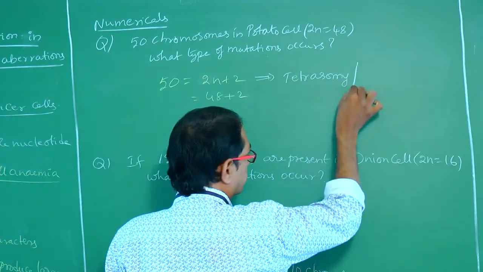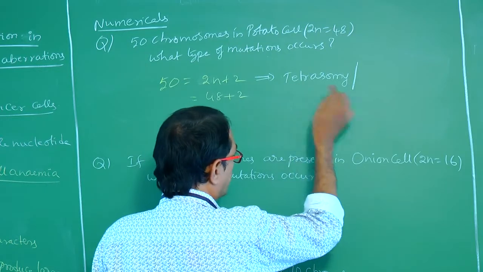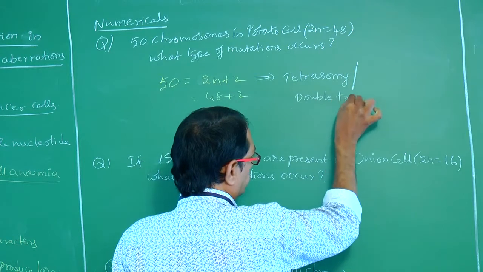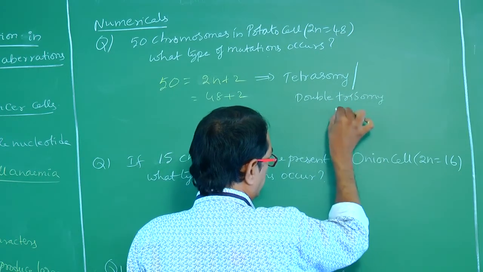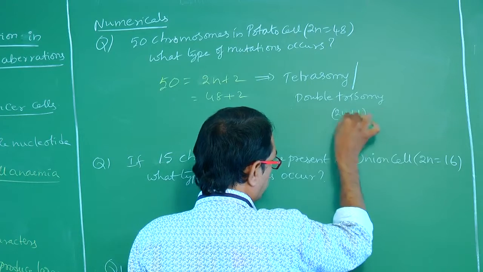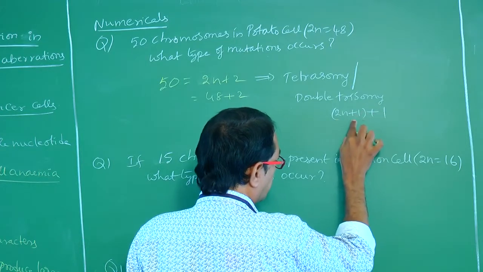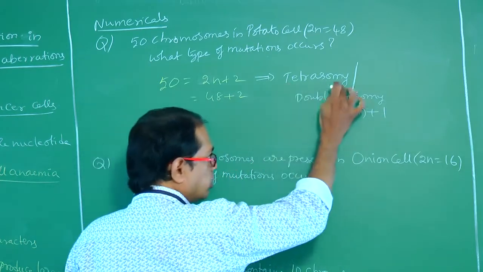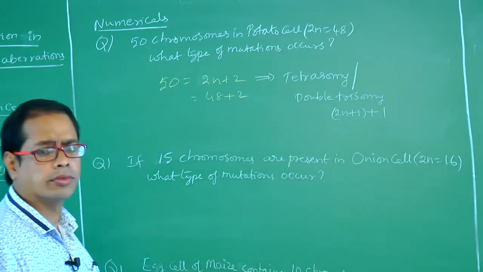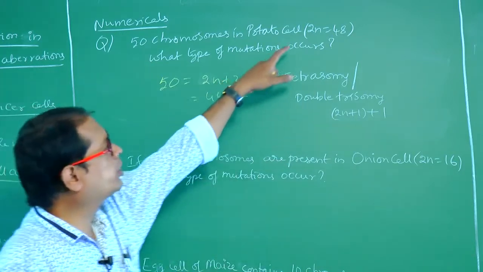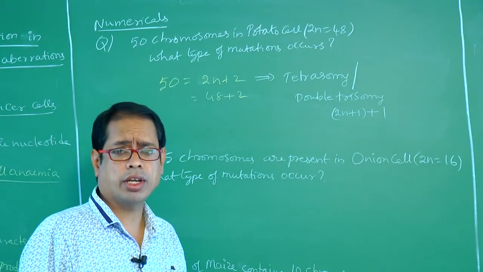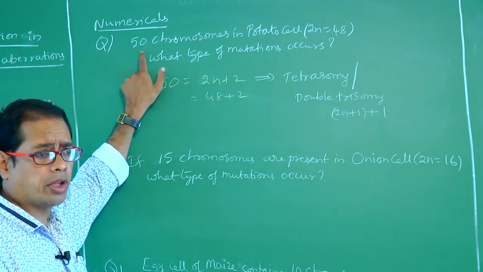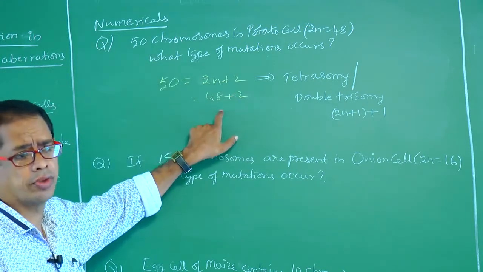Tetrasomy is also called 2n plus 1 plus 1, double trisomy. 2n plus 1 is trisomy, plus 1, double trisomy. So the answer is tetrasomy or double trisomy. So this number you have to know. Number of chromosomes in potato, 2n is equal to 48. They have given 50. 50 means 2n plus 2. Like that we have to calculate.